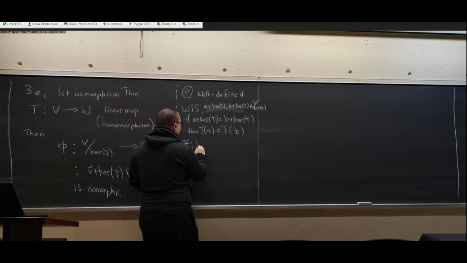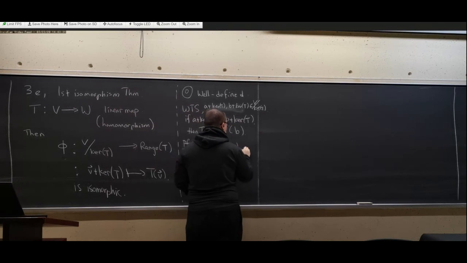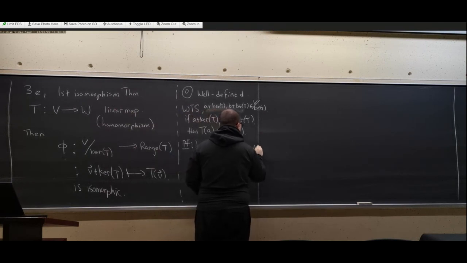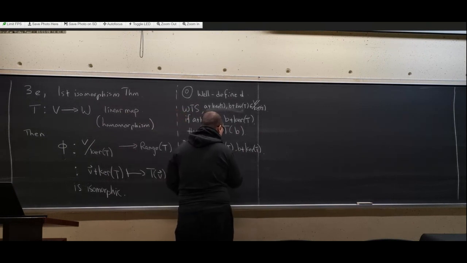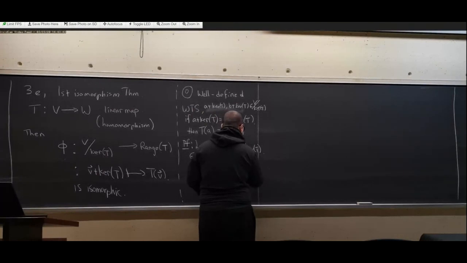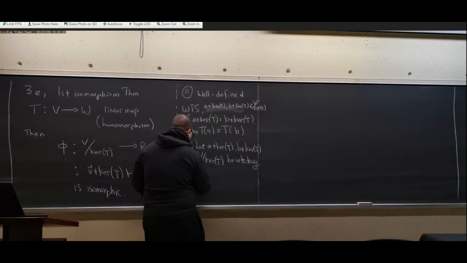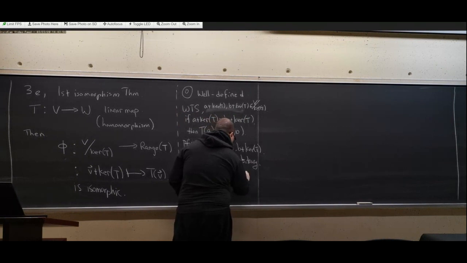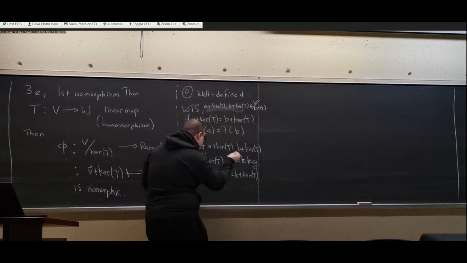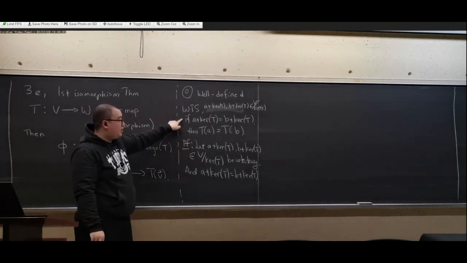We're gonna let A plus kernel of T, B plus kernel of T, coming from the domain, be arbitrary, and A plus kernel of T equals to B plus kernel of T. So we're going to assume the first part, and we need to show that the first part implies the second part.